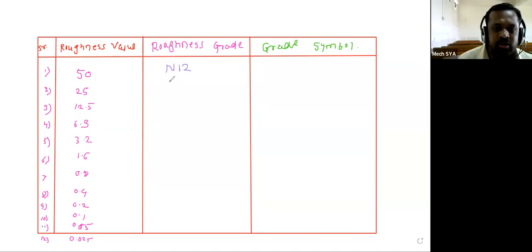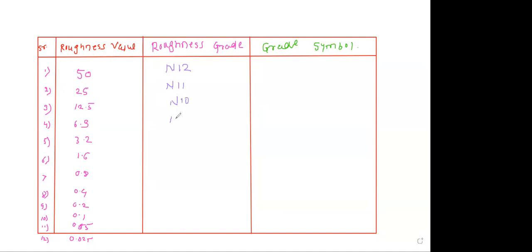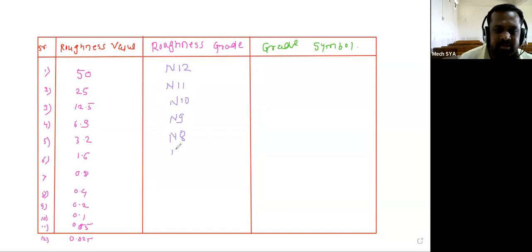Then for the 25, it is N11. Then N10, N9, then N8, then N7, then N6, N5, N4.